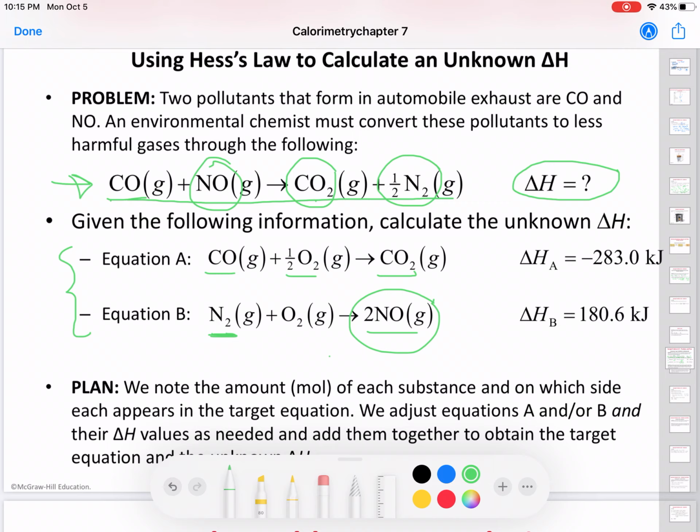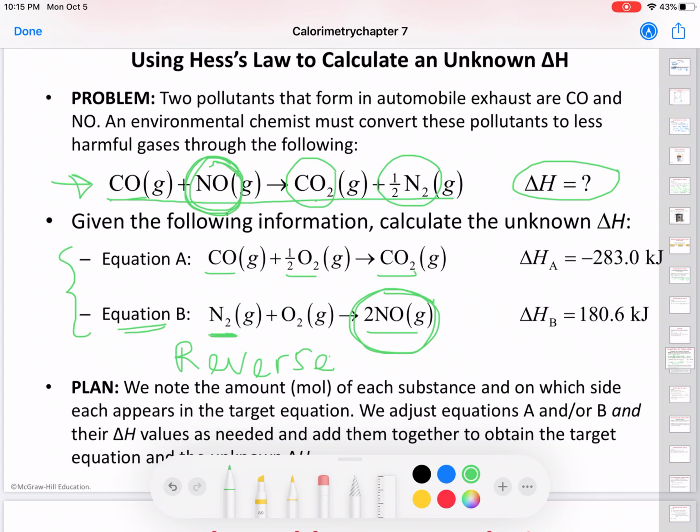So equation B, we need to reverse equation B because we are going to add A and B to get the target reaction. So nitrogen monoxide is a product here and nitrogen monoxide is a reactant here. So we're going to reverse equation B.